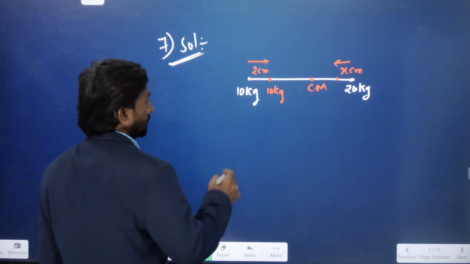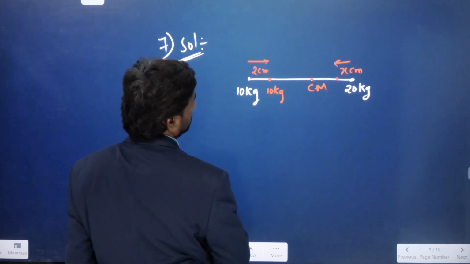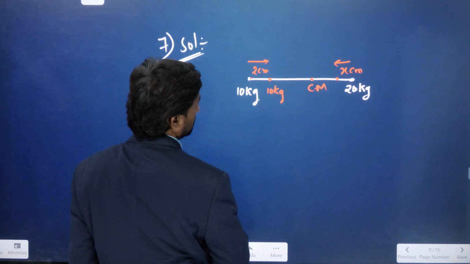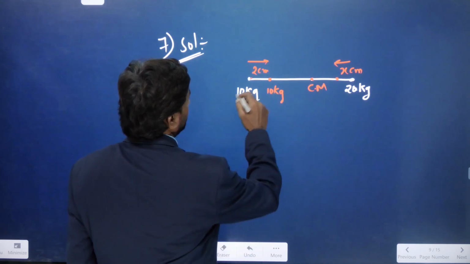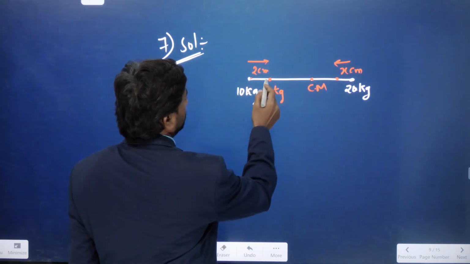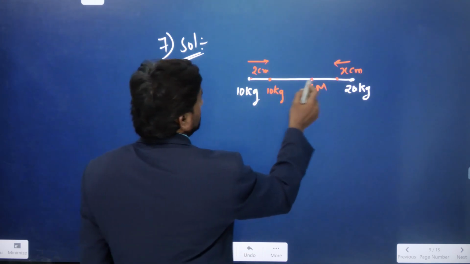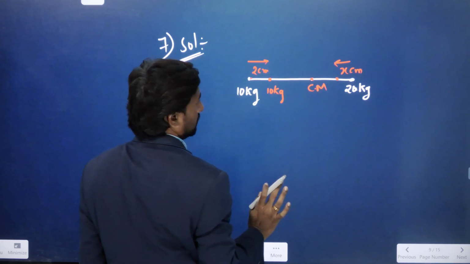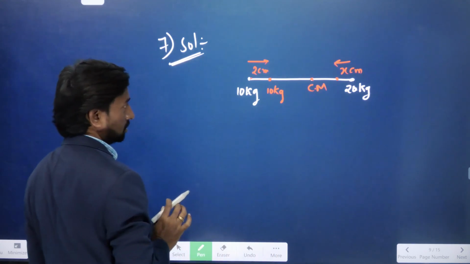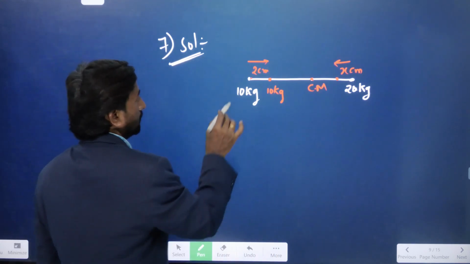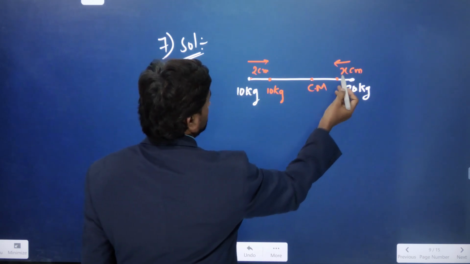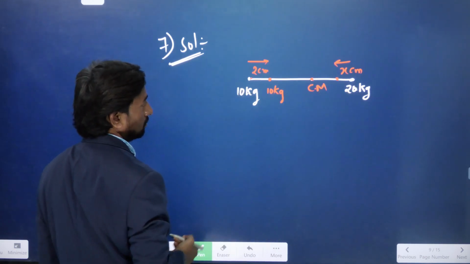So the 10 kg mass has moved 2 centimeters and the 20 kg mass has moved x centimeters from the origin.